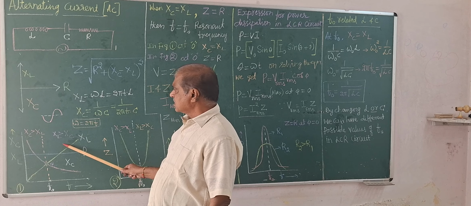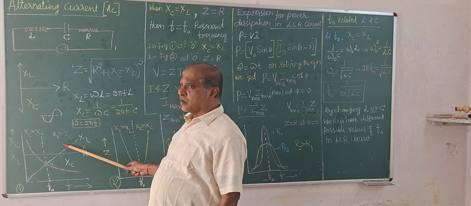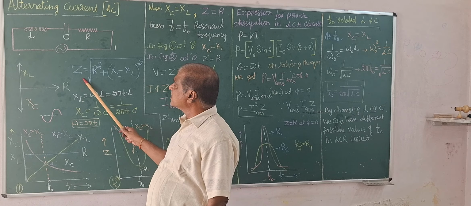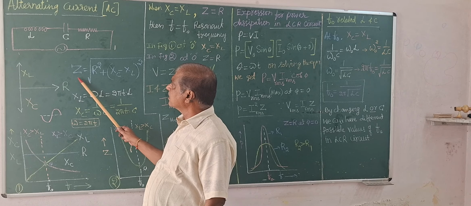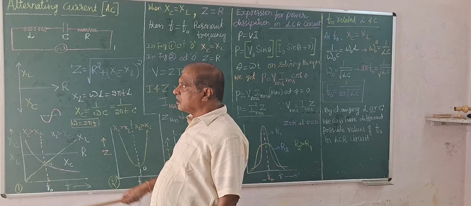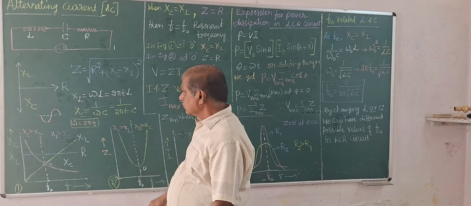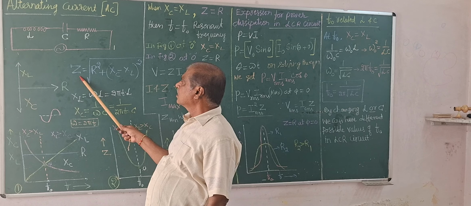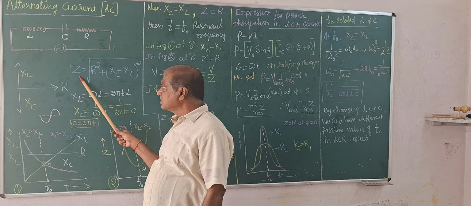This is the resistance offered by the individual components. What would be the resistance, impedance, resistance offered by the entire circuit containing all the components? That is impedance. Does impedance change with frequency?